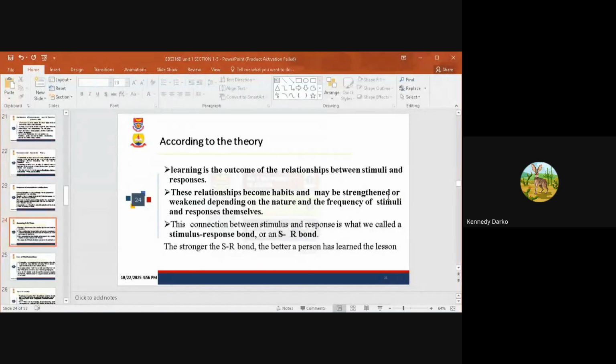So when the stimuli is well taught, your lesson has been taught well, the children will be able to respond well. Then it means that there is a strong bond between the stimuli and the response, because the person will be able to come out with certain answers to certain problems. So that is that.